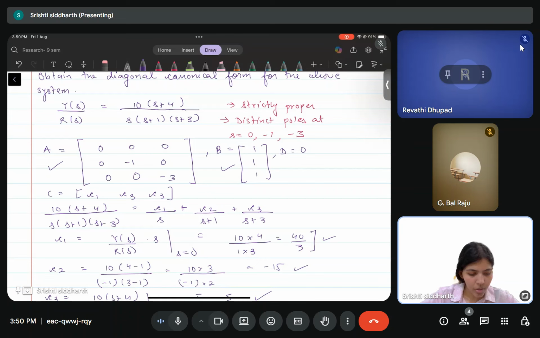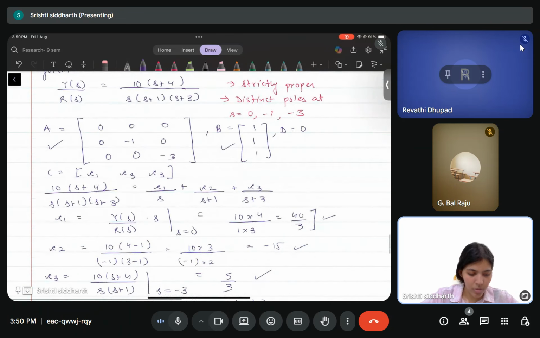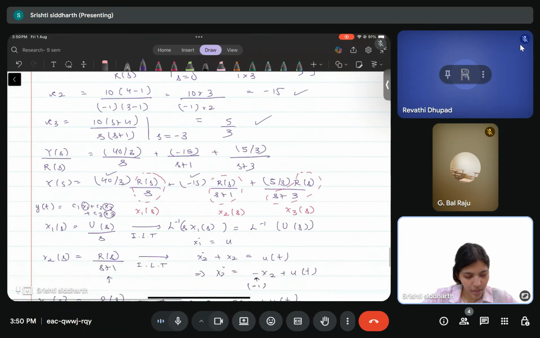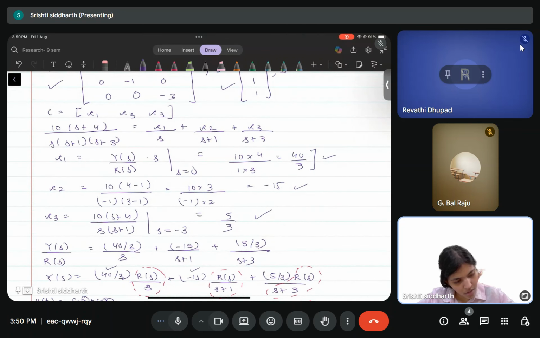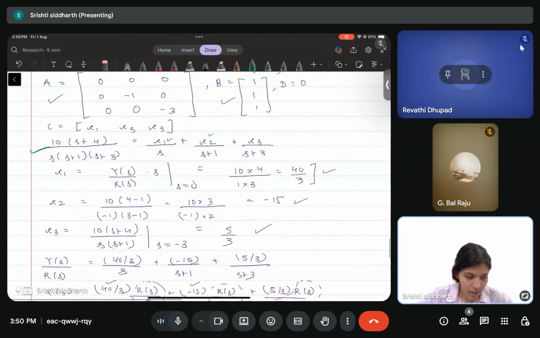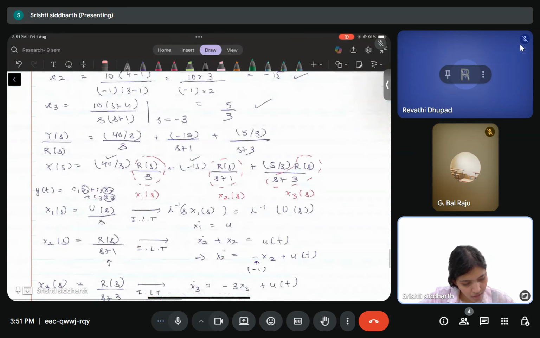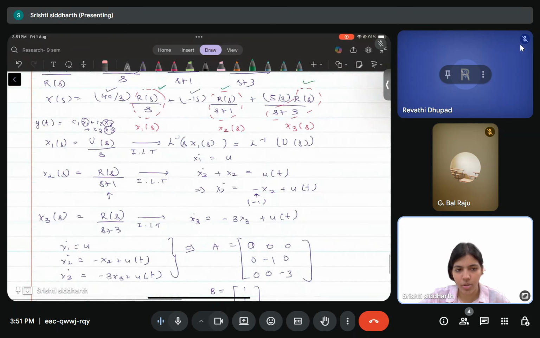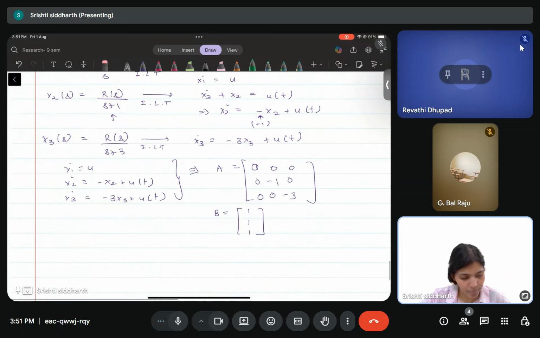So as I said before, the diagonal canonical forms are simply obtained from the transfer functions. So you had the transfer function, this one. You perform the partial fraction expansion. C1, C2, C3 are the elements of the C matrix, and the residues multiplied by these coefficients give you the state in terms of x and y.